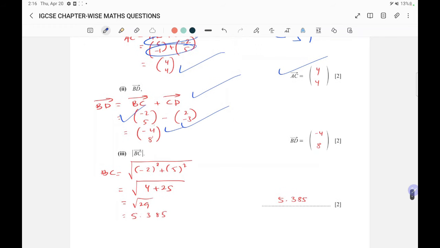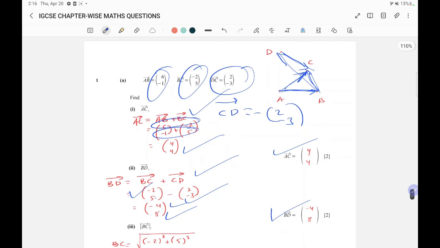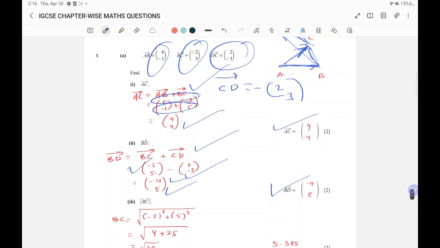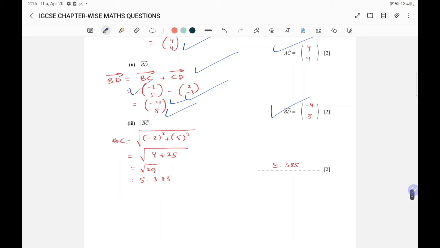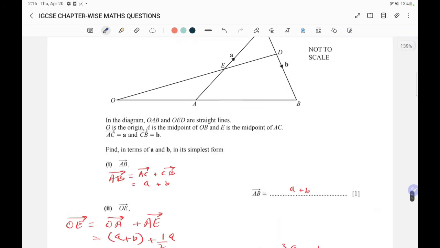So minus 2 minus 2 is minus 4, and 5 minus of minus 3 is 5 plus 3, 8. So (-4, 8). Now we have to find BC length. Root of (-2) squared plus 5 squared, so 4 plus 25, which is 29, root 29 is 5.385. This is the BC length.